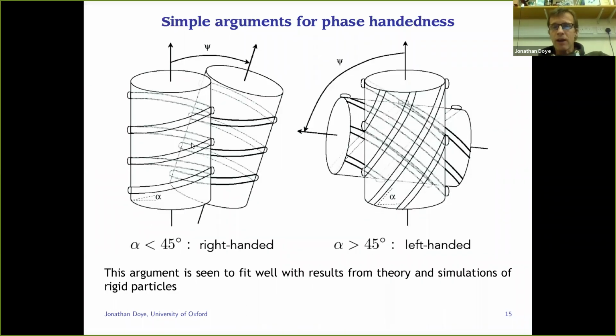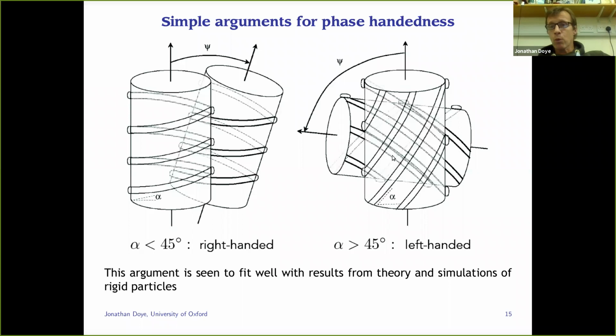If you imagine two things which look a bit like screws with grooves in them, and the angle of the thread with respect to the perpendicular to the axis of the particles is less than 45 degrees, then to get the grooves to lock into each other, you typically have to have a right-handed twist between the particles. If these are right-handed screws, so alpha less than 45, you have the same handedness in the particle and the phase you'd expect.